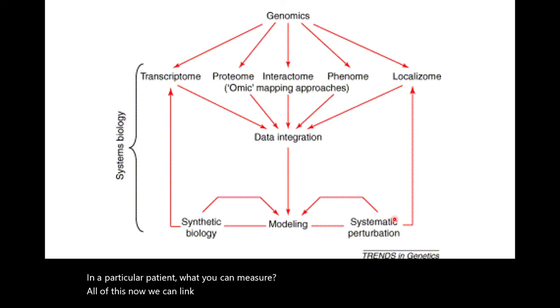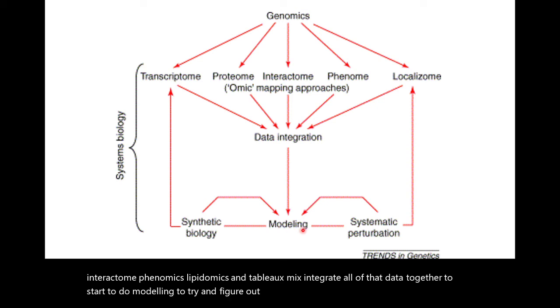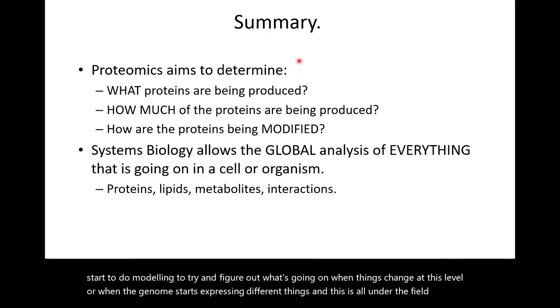So we can bring together transcriptomics, proteomics, the interactome, phenomics, lipidomics, metabolomics, integrate all of that data together to start to do modeling to try and figure out what's going on when things change at this level, or when the genome starts expressing different things. And this is all under the field of systems biology.